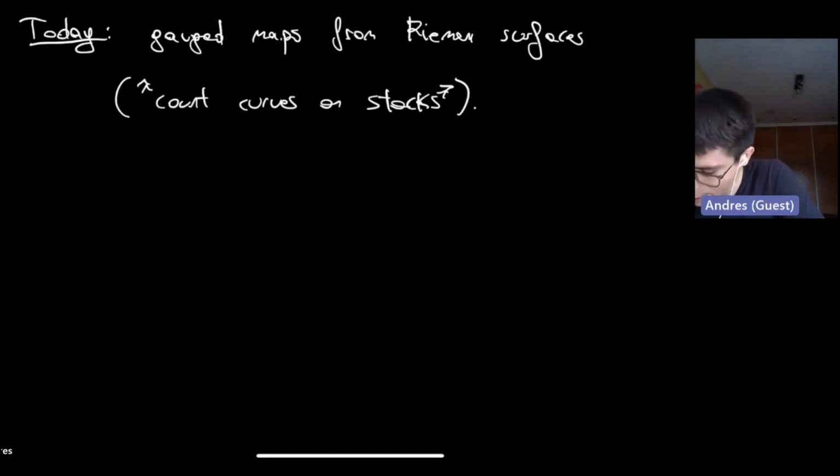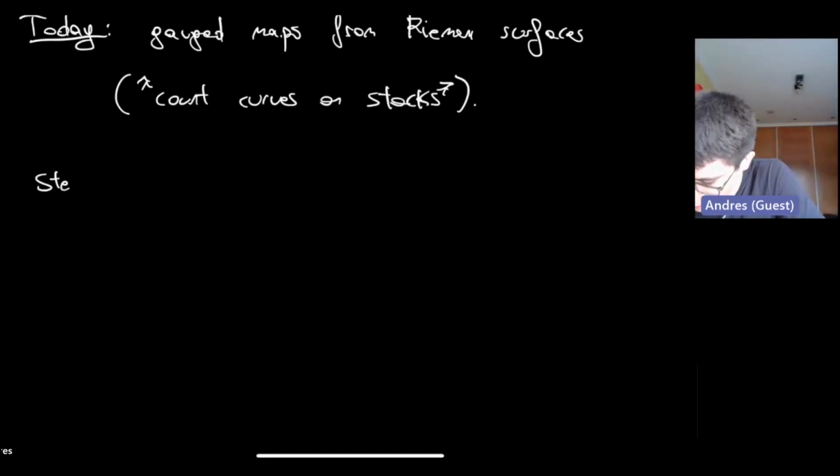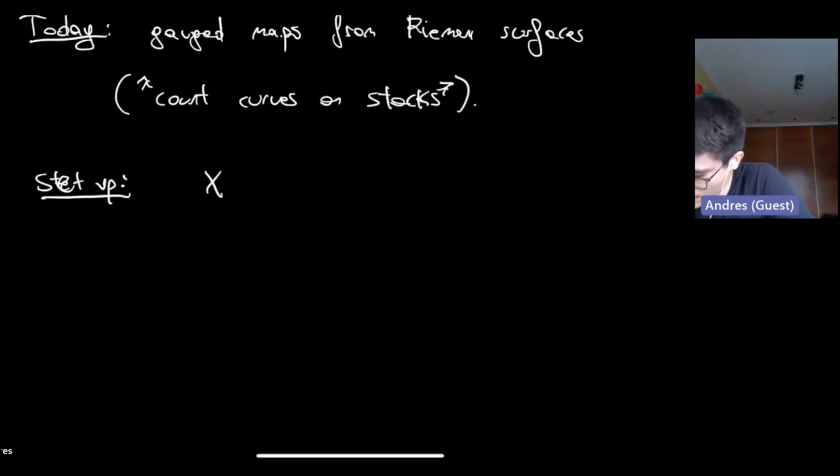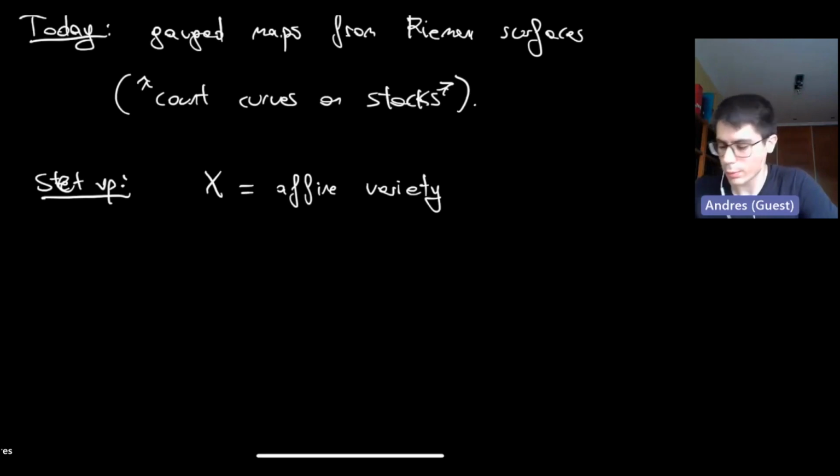So let me just give you the setup a bit. Instead of mapping into a projective variety, what we're going to map into is the following. We're going to have an affine variety, or rather an affine scheme. I mean, reducedness is not very important in this case.